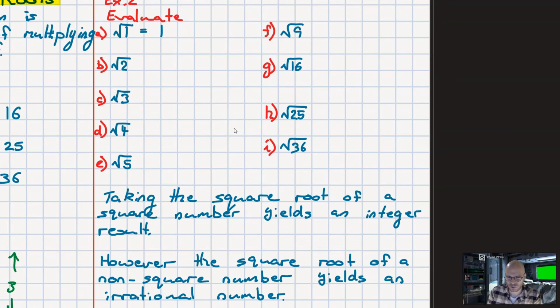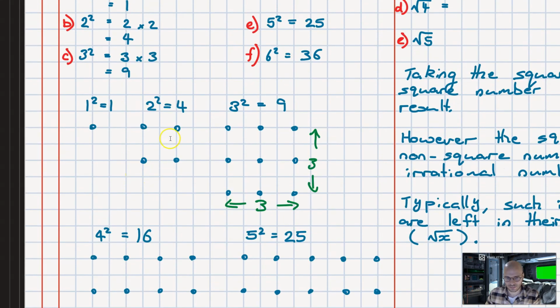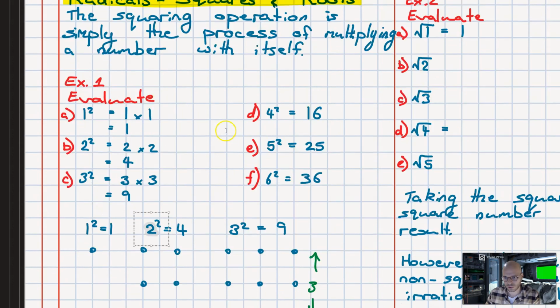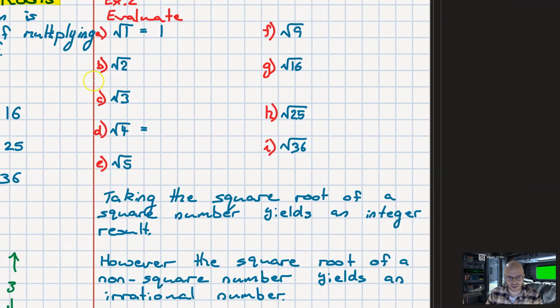The square root of 2, though, I'm not too sure, so I'm going to leave that for now. Square root of 3, not too sure either. However, square root of 4, if I want to calculate this, I can look back at my geometric representation, and I've got 4 dots. If I count the width, or the height of these dots, I get a value of 2.